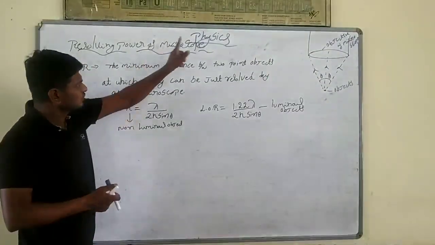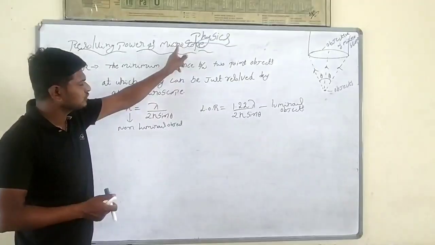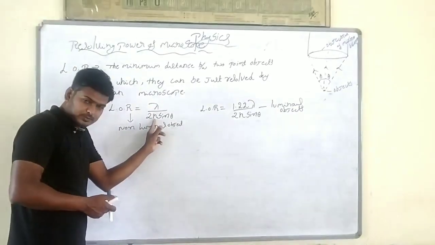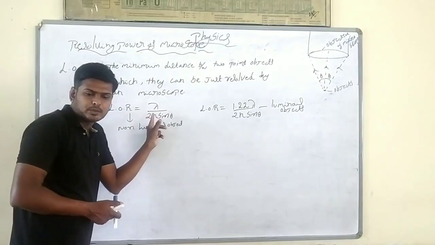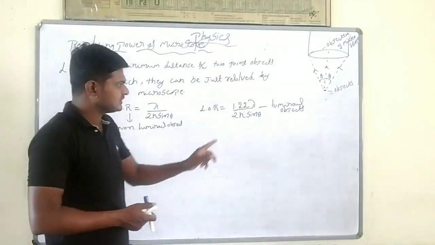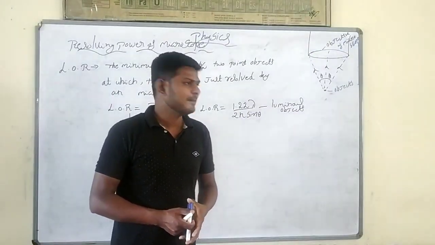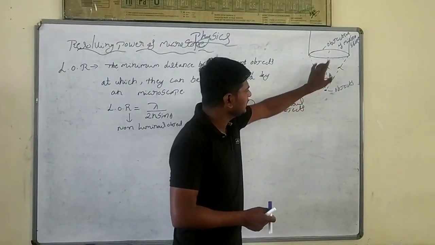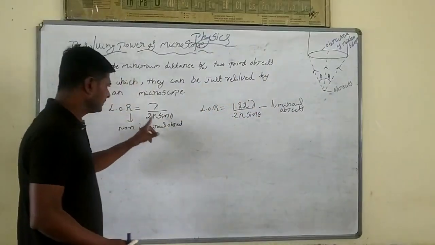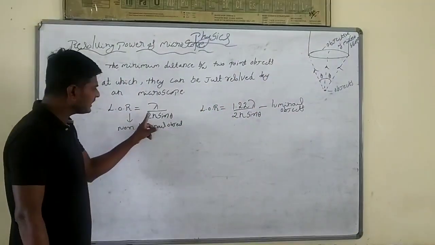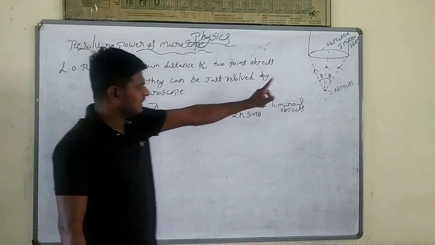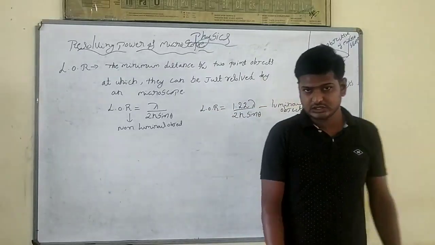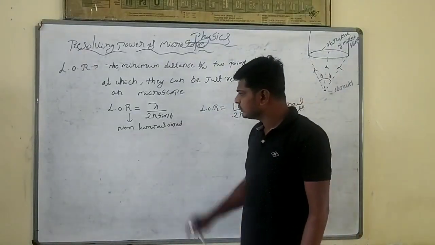The limit of resolution of a microscope is directly proportional to wavelength, and inversely proportional to the refractive index of the medium surrounded by the object. Here the object is there, and this medium surrounds it with its refractive index. Next, it is inversely proportional to 2 times the semi-vertical angle subtended by the object and the objective of a microscope, that will be 2n sin theta.